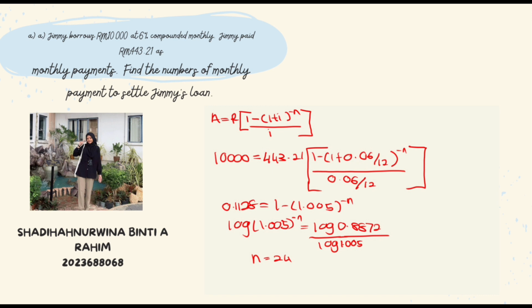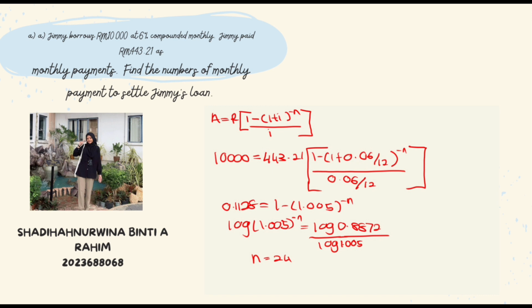The answer will be 0.1128 equals 1 minus (1.005)^(-n).